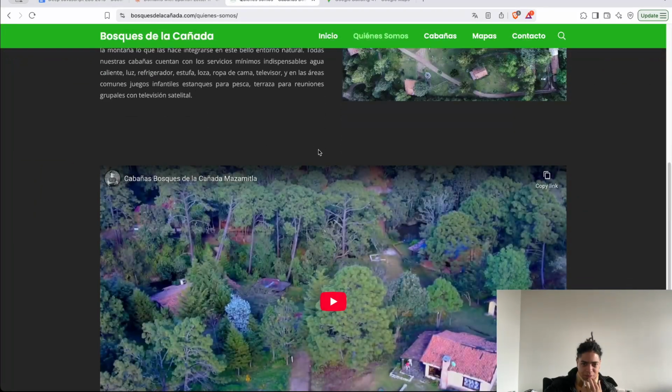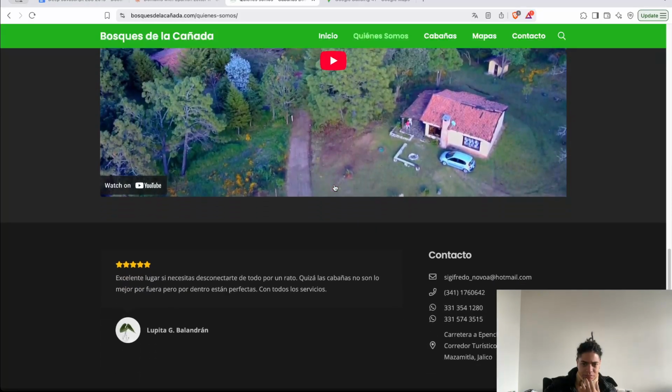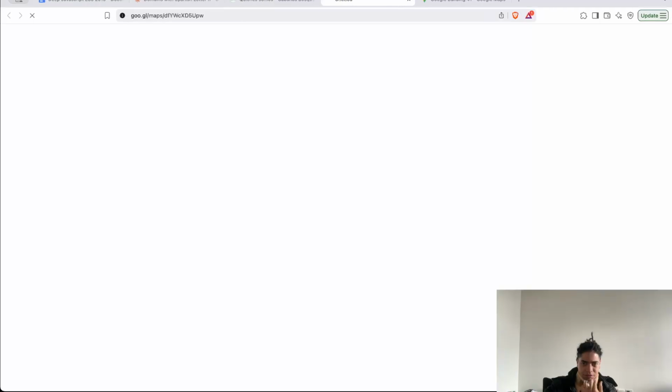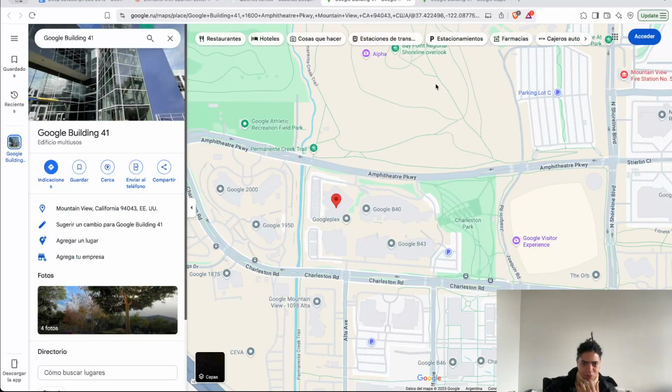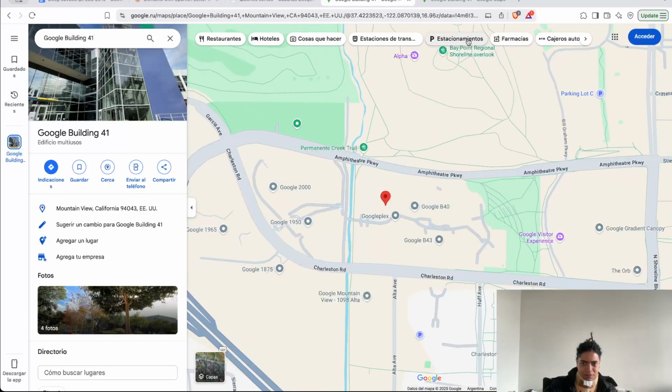Mazamitla, Jalisco, Mexico. It's interesting that it points me to the Google building. Anyway.